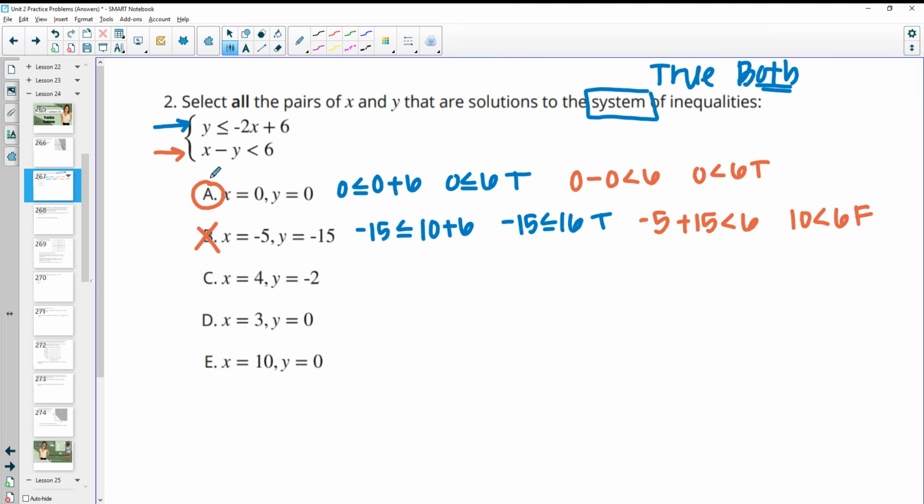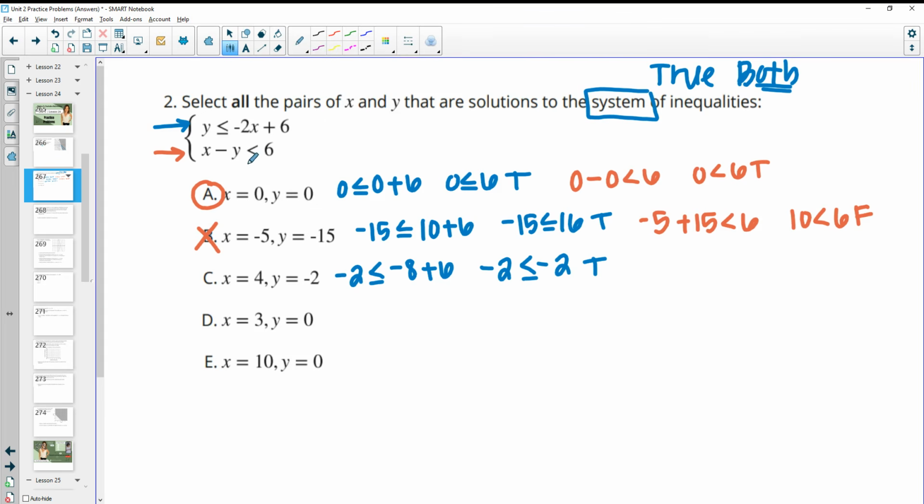Part C, again, in the top equation, the y value is negative 2. Is that less than negative 2 times 4, which is negative 8, plus 6? So this one says negative 2 is less than or equal to negative 2, and that's true because it's equal to negative 2.